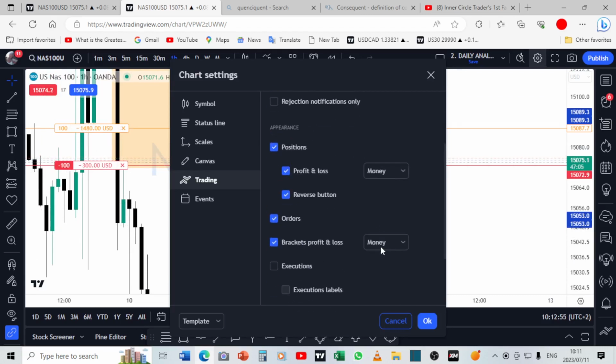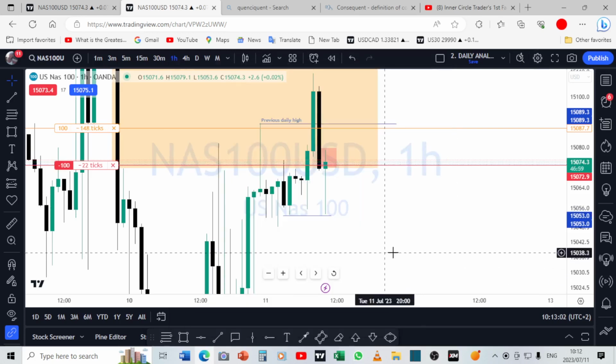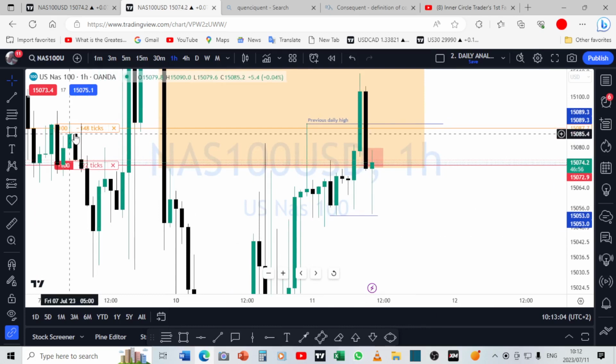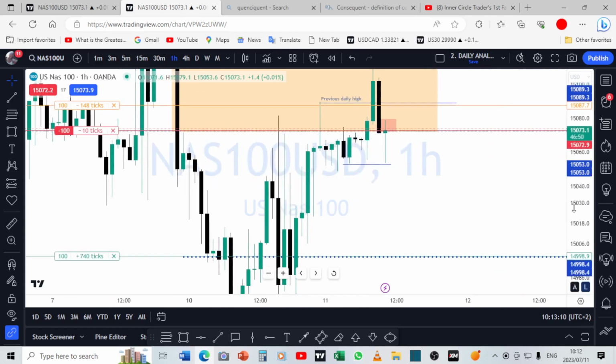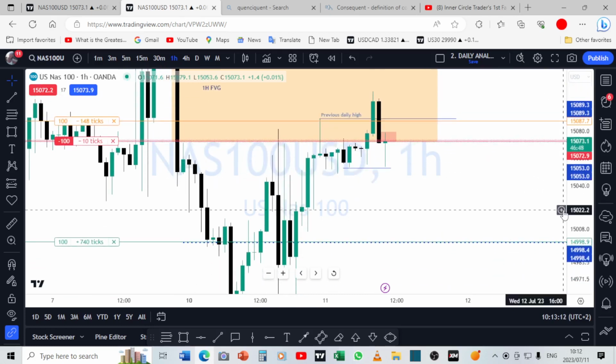Let me psychologically trick myself. My stop loss is 144 and I'm on 148, and I'm basically reaching for 700.